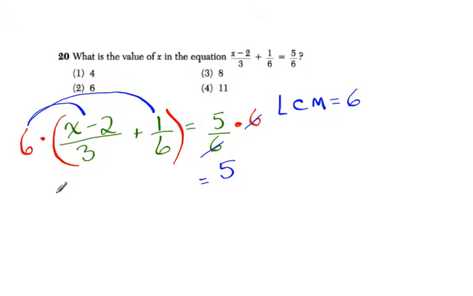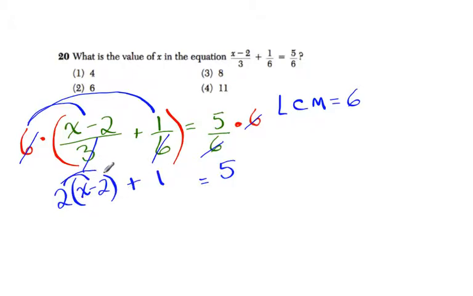So 6 divided by 3, a 2 is going to be left behind, times that entire numerator. Instead of multiplying the numerator by 6, it really becomes a 2 when you cancel out that 3. With the second fraction, it's going to be 6 divided by 6, so the denominator will cancel out the 6 completely, leaving just a plus 1.